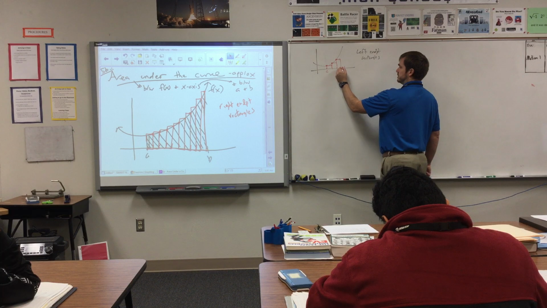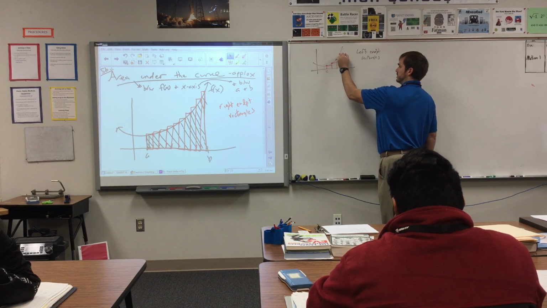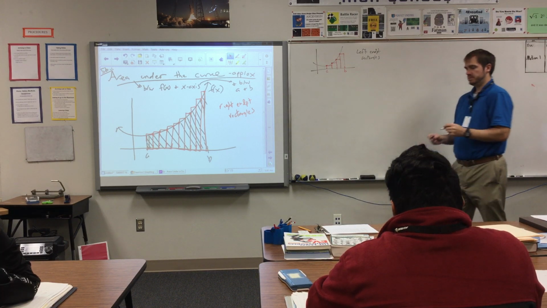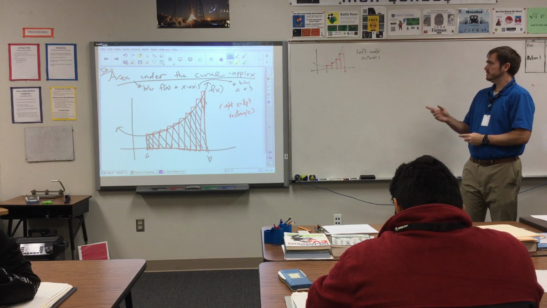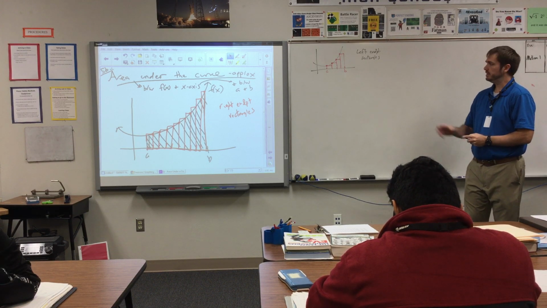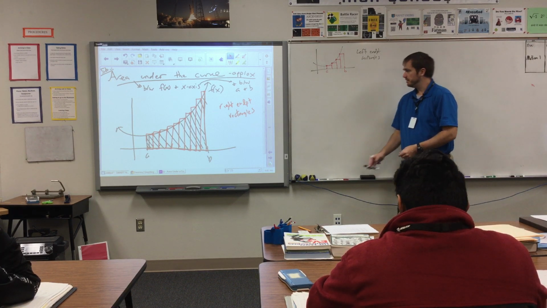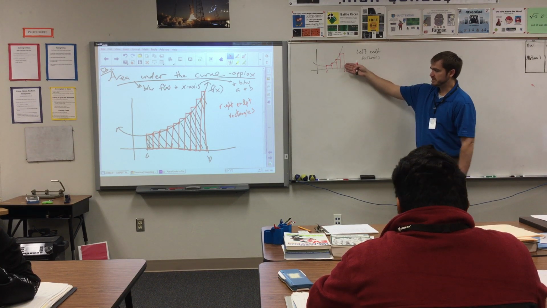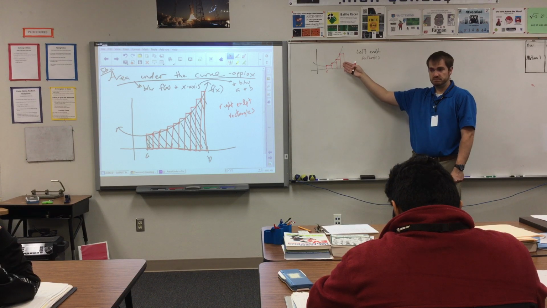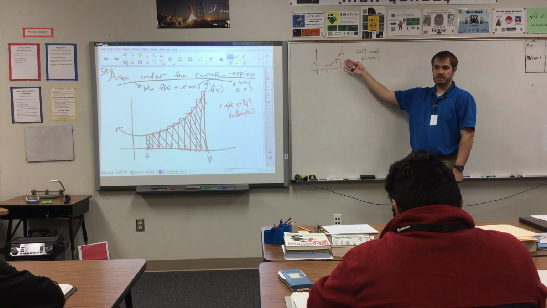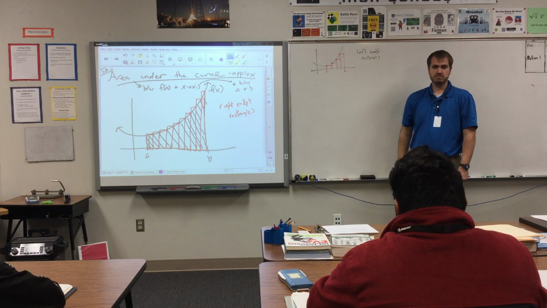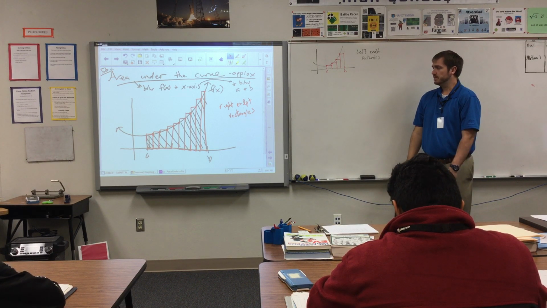And for this, that's the left endpoint method for approximating the area under the curve. And if we had chosen this as our method, what would you say about how that relates to the exact answer? Yeah, it's an underestimate.